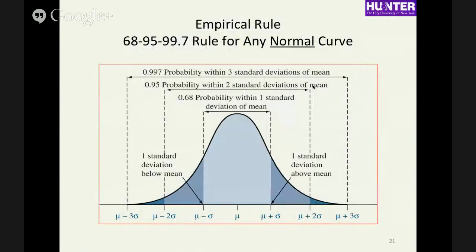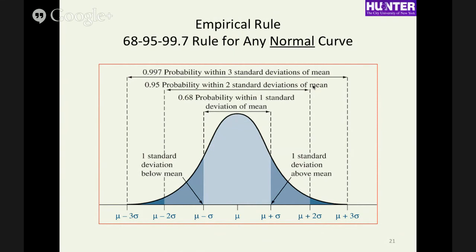So that table of the standard normal distribution is super useful. You can use it to look up any probability on the standard normal, as long as it's not too extreme. If it gets too extreme, then you're going to have to say the probability is 1 or 0. But the empirical rule is kind of handy for certain special values of z.